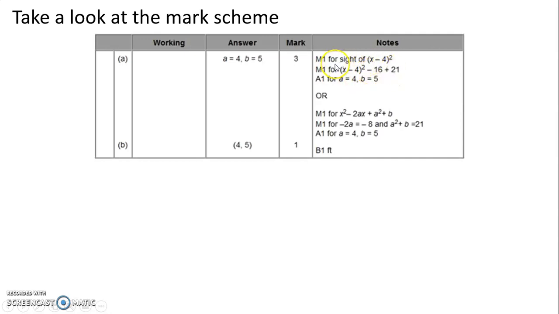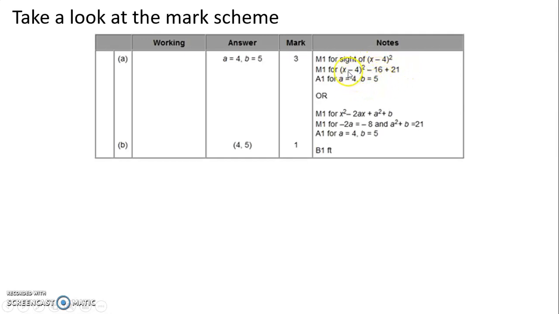So it's taking you here through how you would get the marks. So if you realise that you needed to halve the negative 8x to get x subtract 4 squared, you get a mark for that. You then get a mark for subtracting 16 and adding 21. So essentially, if you just put add 5 here, which is the way that I've taught you to do it, that will get you the marks.